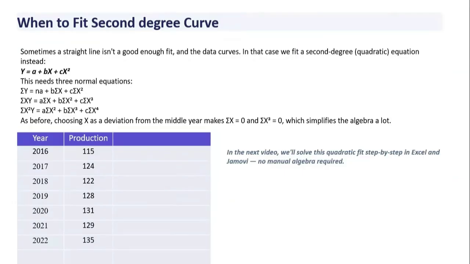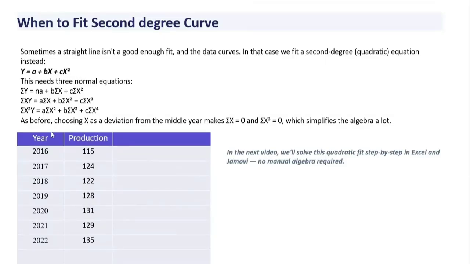Now here's a twist. What if your data does not move in a straight line? It curves, speeds up, slows down, maybe even reverses. That's when a straight line just is not good enough, and we need a second degree or quadratic trend. Y is equal to a plus bx plus cx squared.